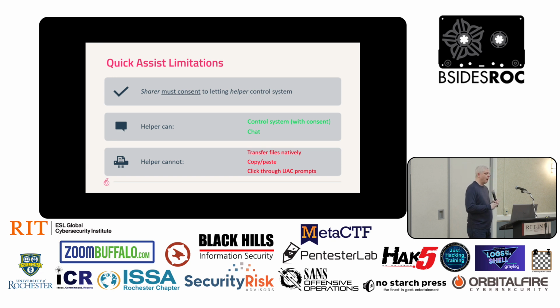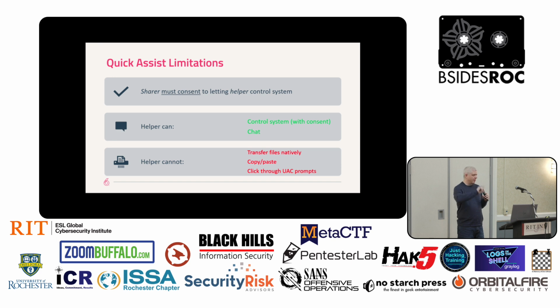First off, the sharer must consent to letting the helper control their system. So when you connect via Quick Assist, if the user enters in that little code, the only thing you can do at that point is see their system. You cannot control their system.